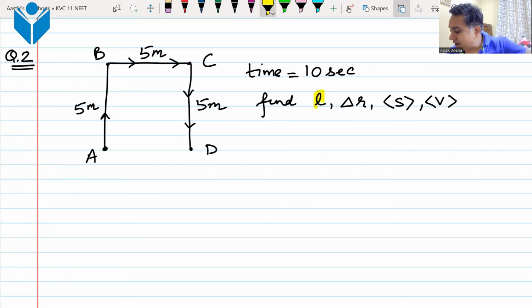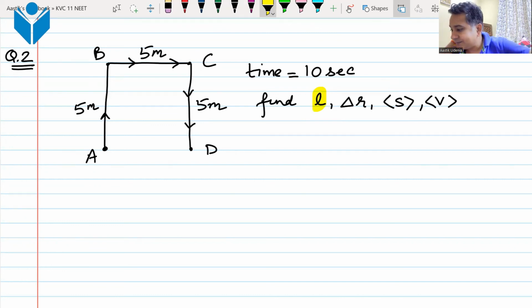The first thing is L. Do you know what you mean by L? The first thing I have written is L. What do you mean by L? Please tell me. I'm waiting for your answer. If you don't understand the question, how would you solve it?